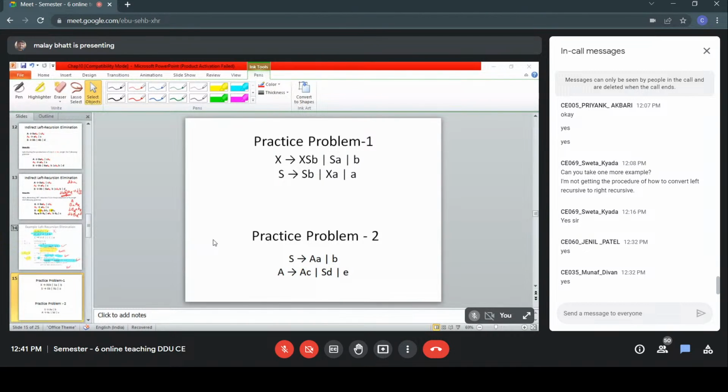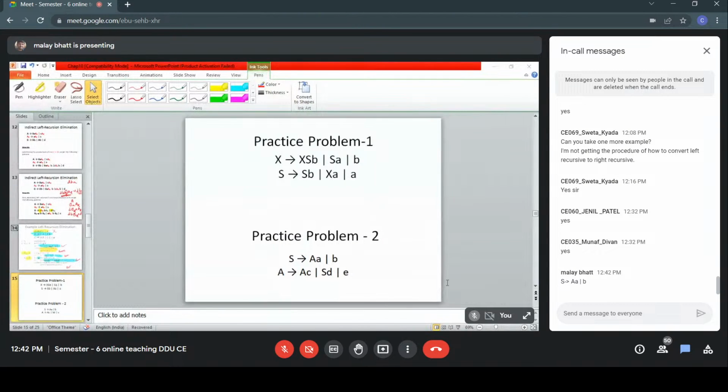S gives A or B, so we cannot do anything. There is no immediate left recursion, so we cannot do anything, and no replacement is also possible.